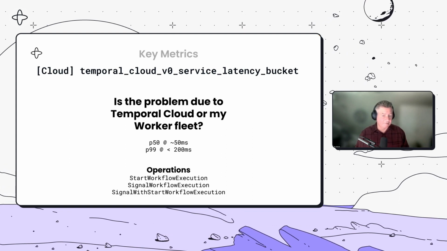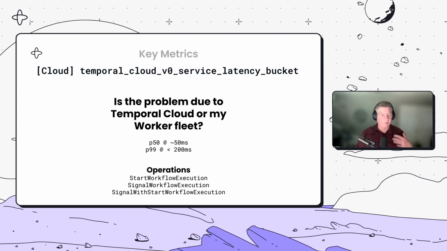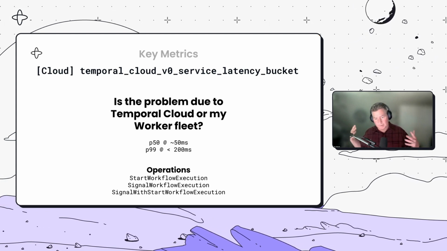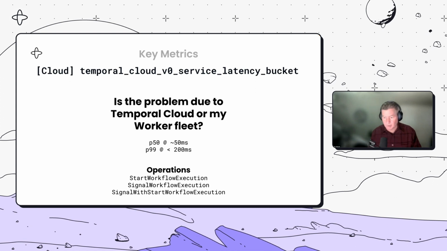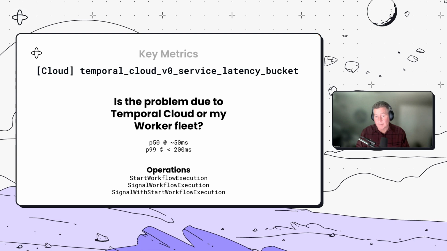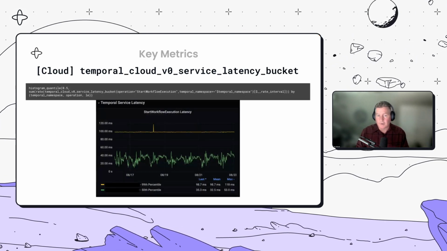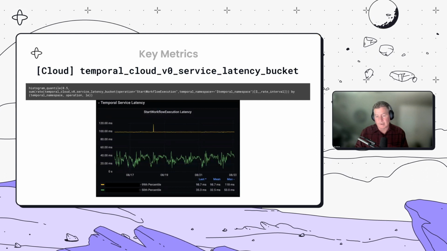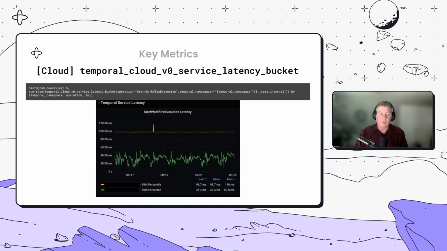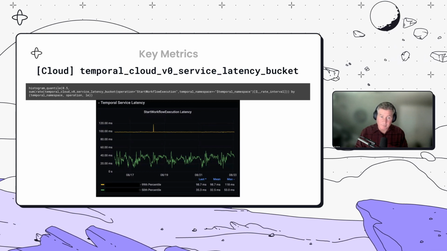If you're seeing these operations, the start workflow execution, signal workflow execution, basically the user experience types of operations that go on with our API, if you're seeing these increase above 200 milliseconds, then it could very well be that Temporal Cloud itself is having an issue. And so one thing you can be watching is the service latency bucket metric.